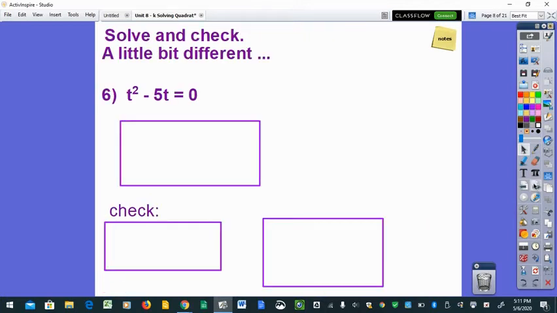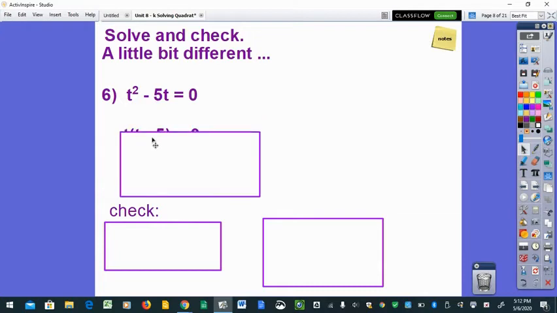Okay, so this one's a little bit different. I do see a bx term, but there's kind of the c missing here. So before we go any further, I want to remind you that you always look for a GCF. Do you see it? There is a t in both of these. What happens if we factor that t out in front?